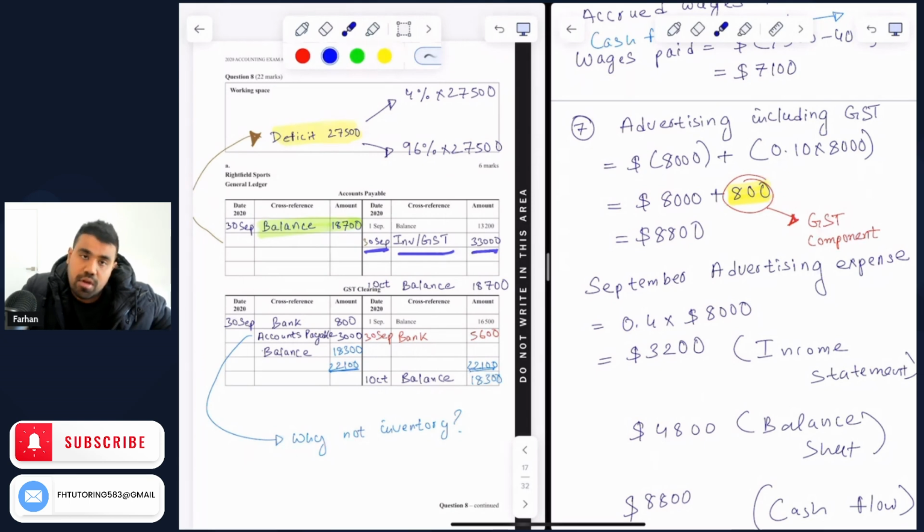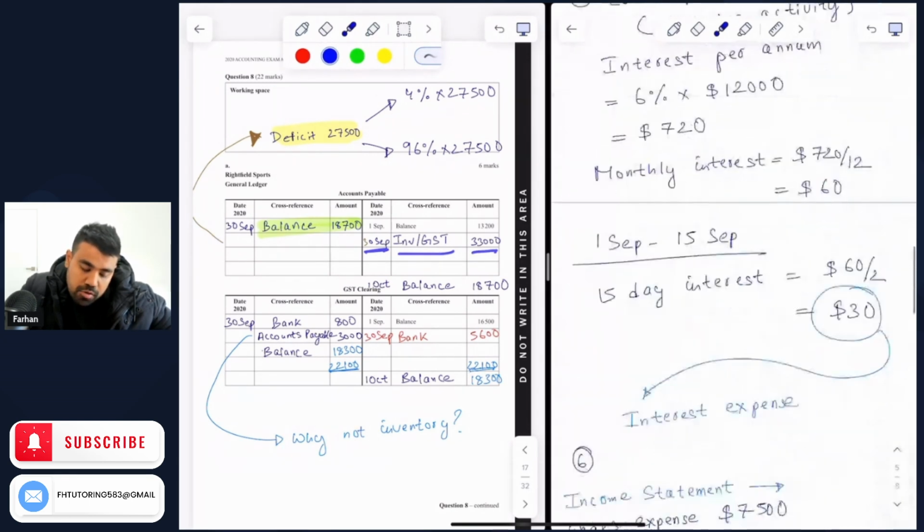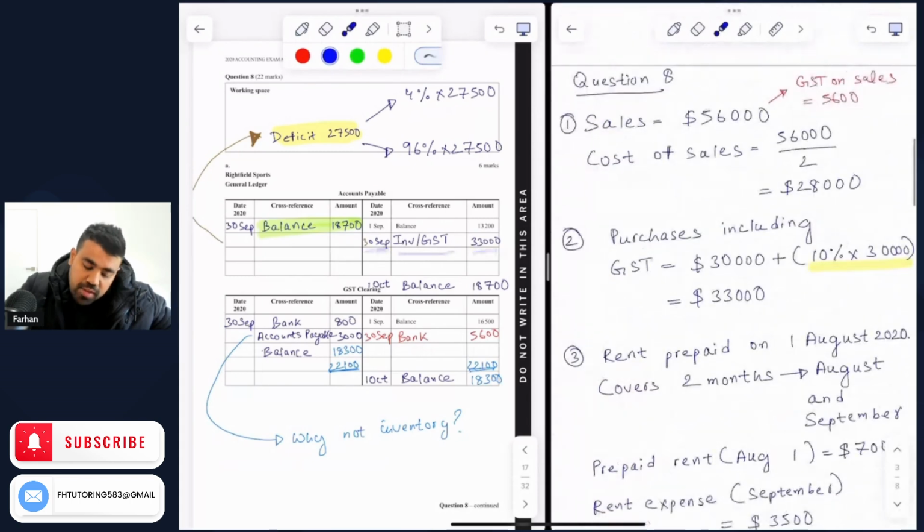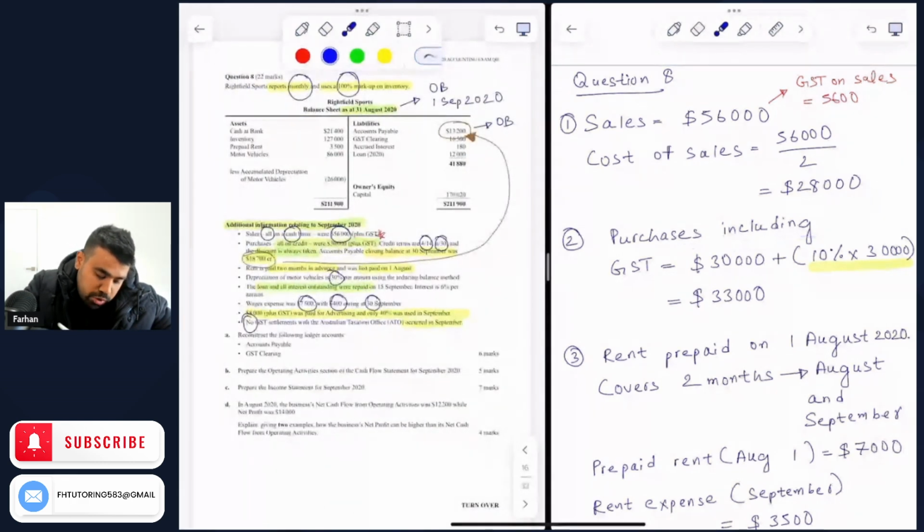Now, where did I get this $33,000 from? If you recall the second additional information, it clearly mentioned that purchases including GST is $30,000. And that was all on credit. The question explicitly mentioned that all the purchases were on credit.